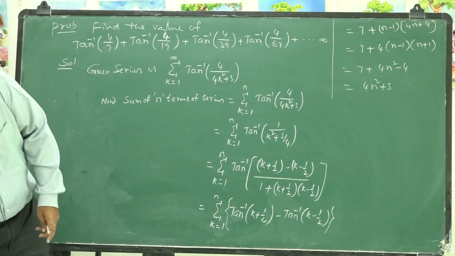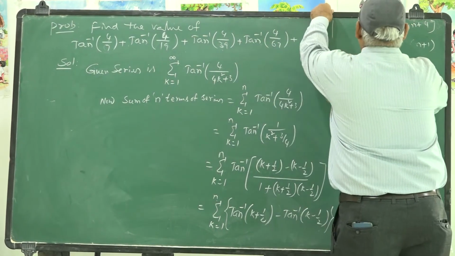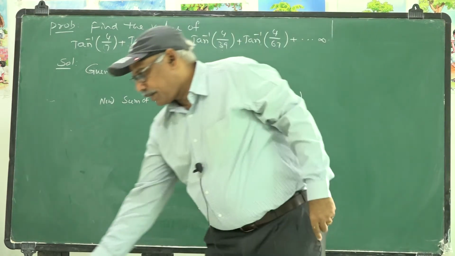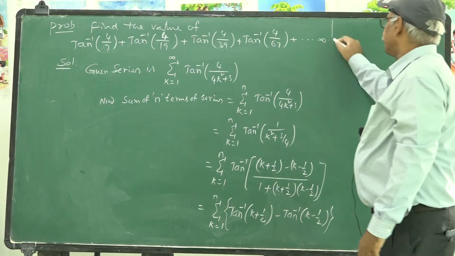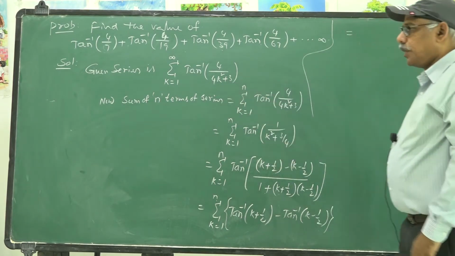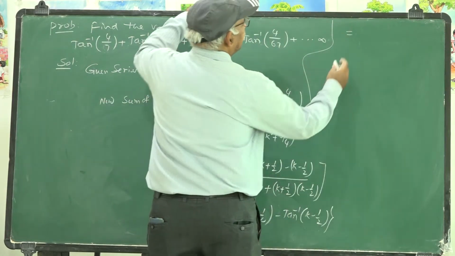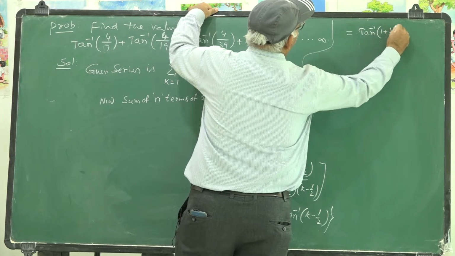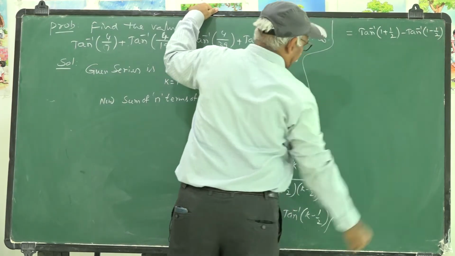Now, expanding the sum of n terms of the series, for k equal to 1, we get tan inverse of 1 plus 1 by 2 minus tan inverse of 1 minus 1 by 2.